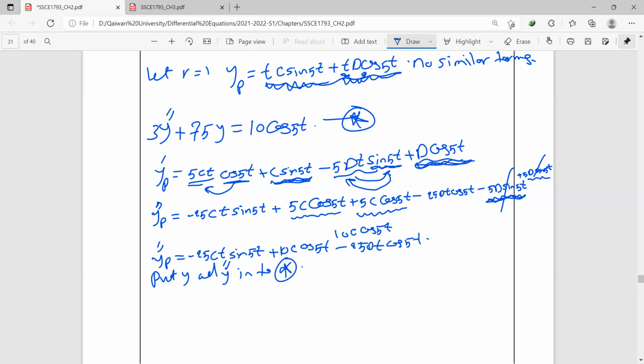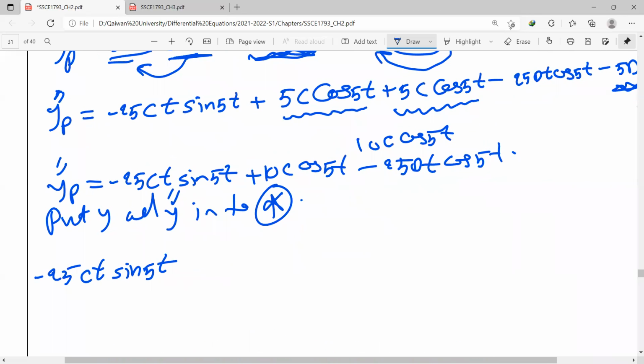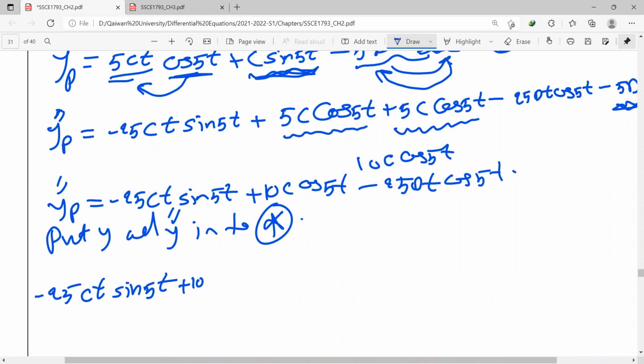Okay? Then now we put y double prime and y into the given differential equation. We get y double prime is this one which we found now. It's minus 25 ct sine 5t plus 10c cosine 5t minus 25 dt cosine 5t.